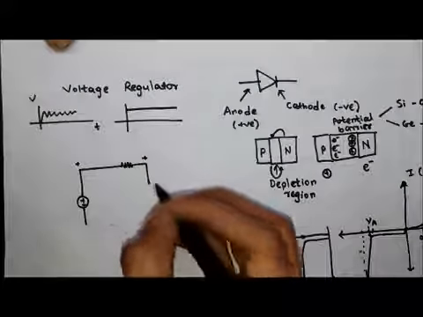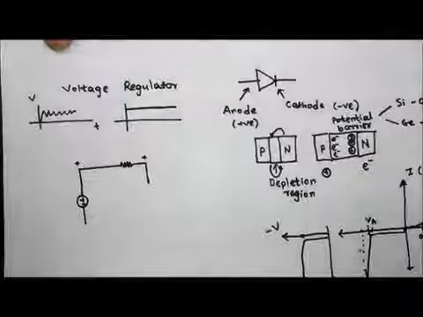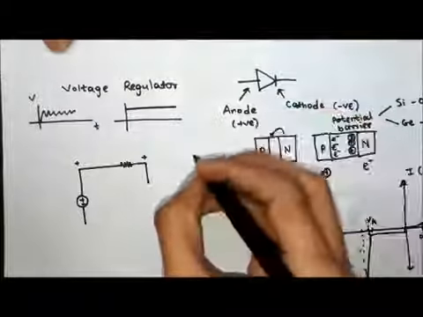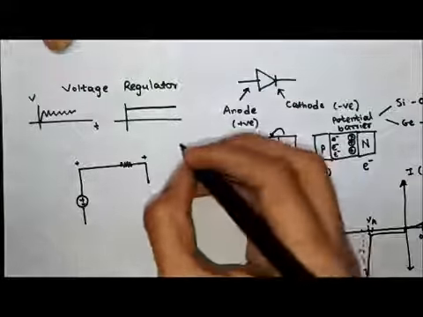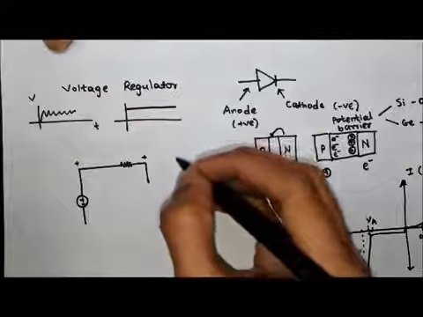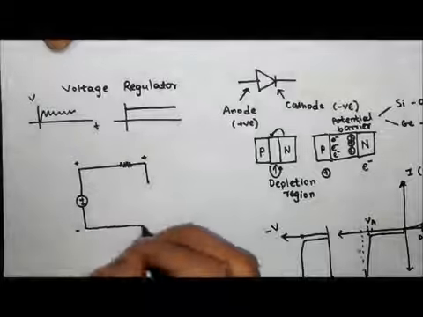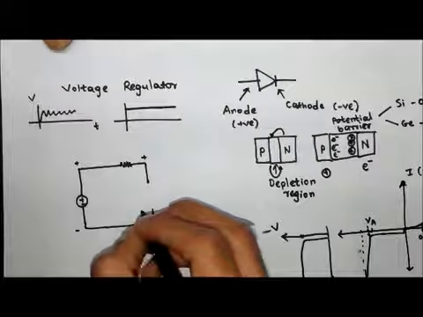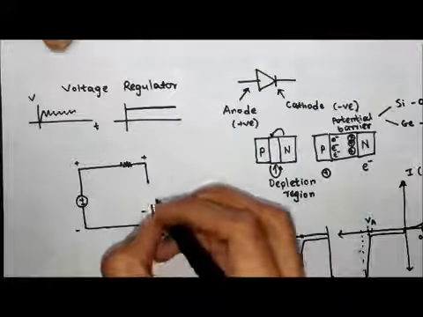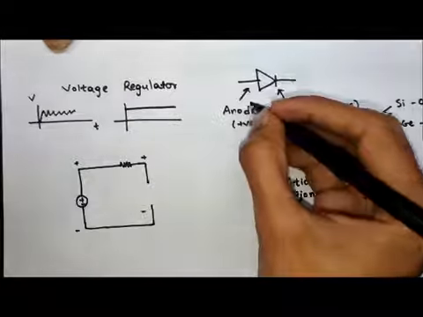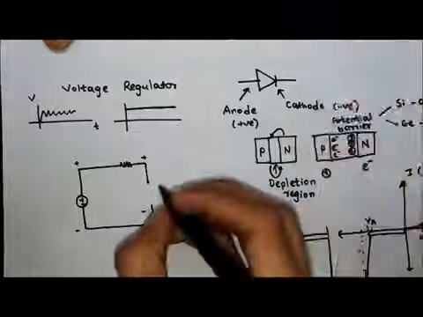Okay, so to connect it in reverse bias, I need to connect the positive of Zener diode to the negative of the circuit. Okay, so here I will have the positive part. Now we know anode is positive and cathode is negative.